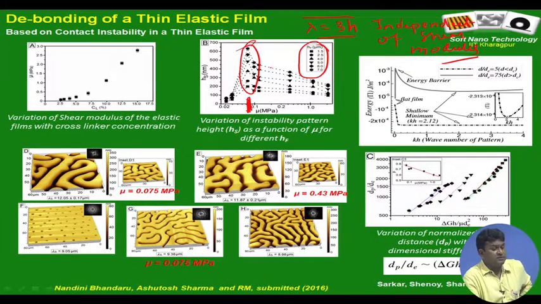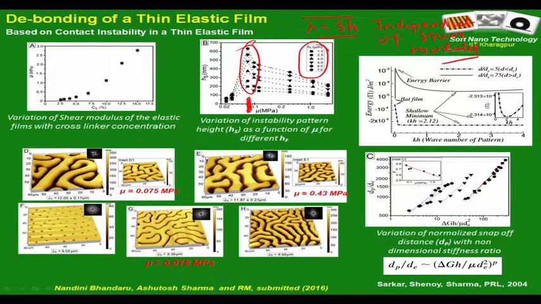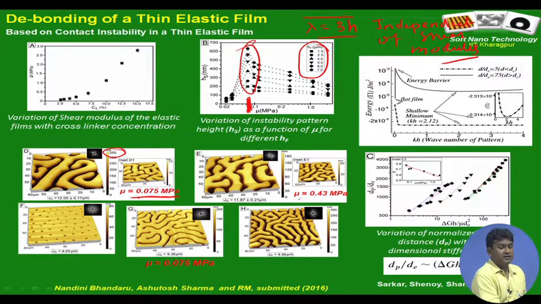Of course, these experiments are performed with a flat stamp, therefore, there is no ordering, but you can see from these images, for example, that for a film with this particular shear modulus, 0.075 megapascal, the debonding height of the patterns is 350 nanometer.